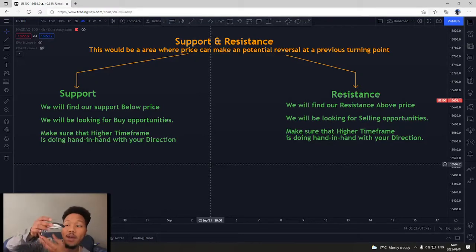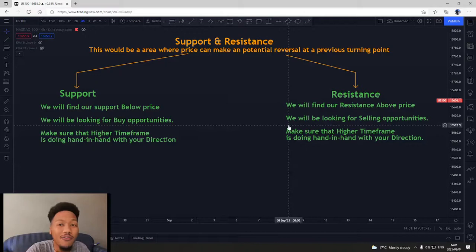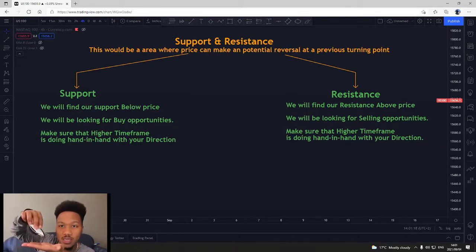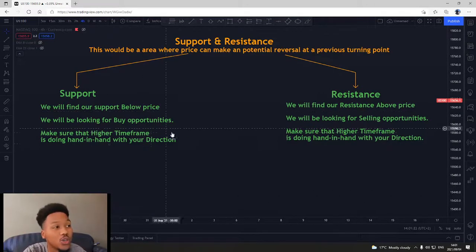So if I have my mouse like this, my hand is now serving as the actual area of support. This is price. Can you see that price is above? My hand is below. So what do we wait for? We wait for price to come inside this actual region for what? To push price potentially towards the upside. So with me saying that, do we look out for buying or selling opportunities when this happens? Boom, we're looking for potential buying opportunities.